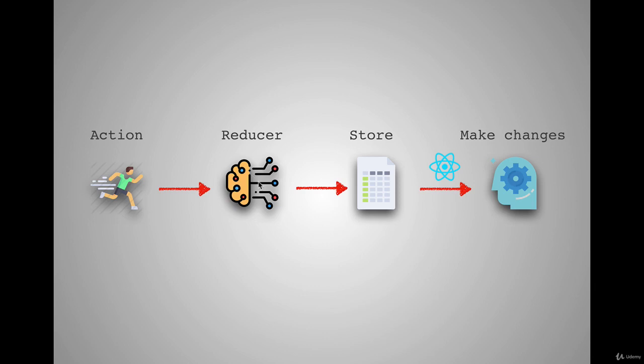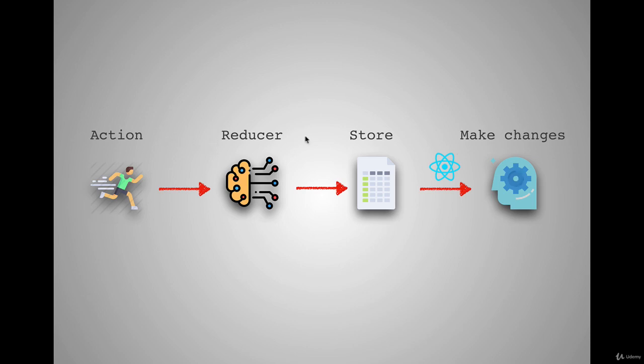And this output is the state, or the store, as we call it in Redux, which is the entire state of the app. So as it goes through the function, the store gets updated, and React, because it notices this state change, makes changes to the view layer.